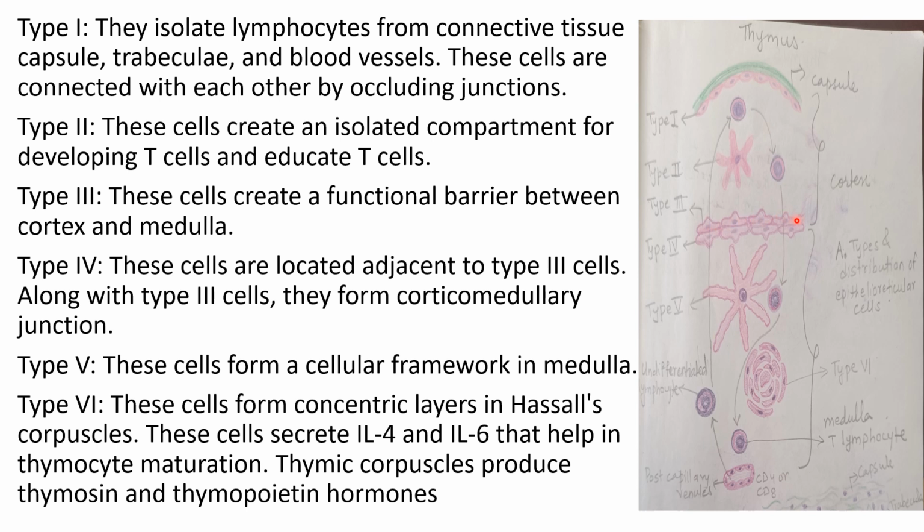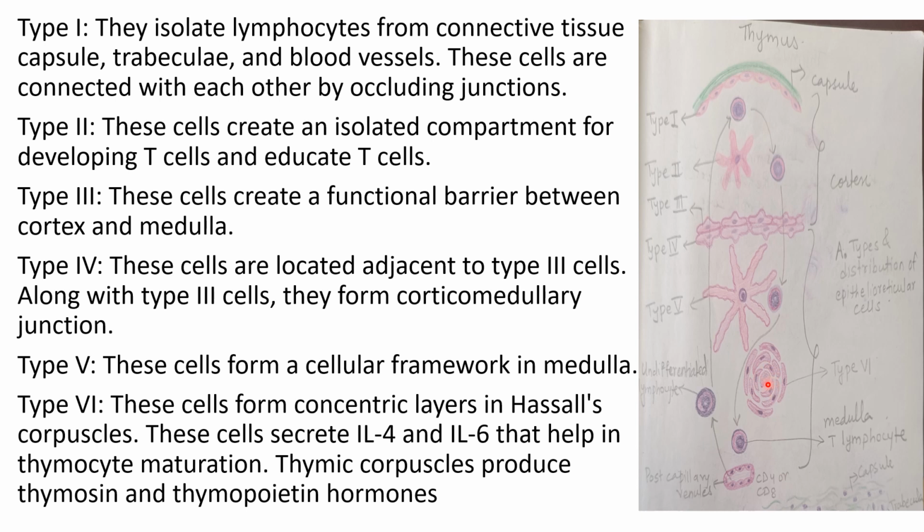Just adjacent to the type 3 reticular cells, we have type 4 reticular cells, which form a junction between the cortex and medulla. So this is the corticomedullary junction. Then the type 5 cells form the cellular framework in the medulla, and the most important are the type 6 epithelio-reticular cells, which form the Hassall's corpuscle, which is the identification feature of the thymus.